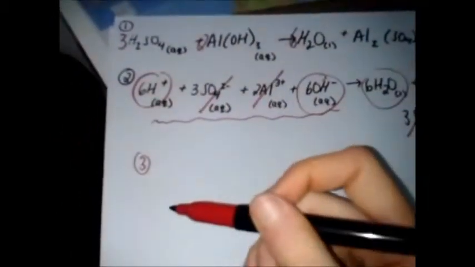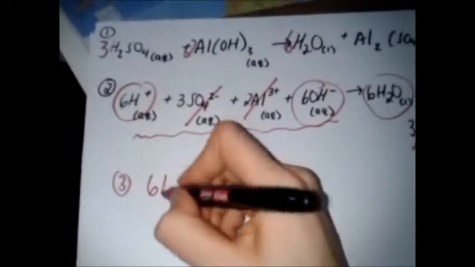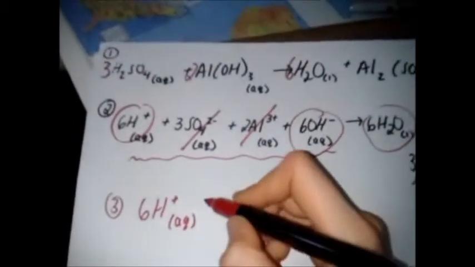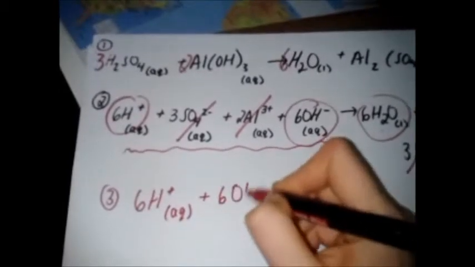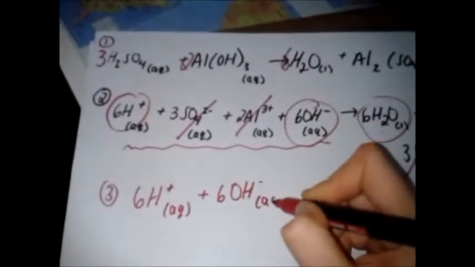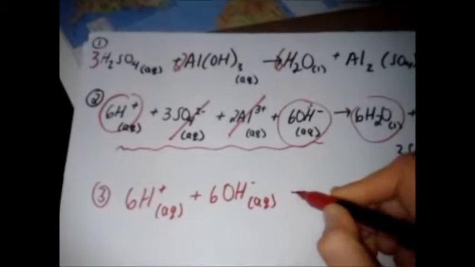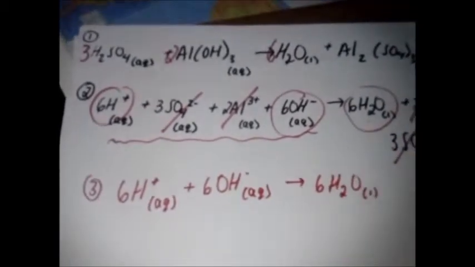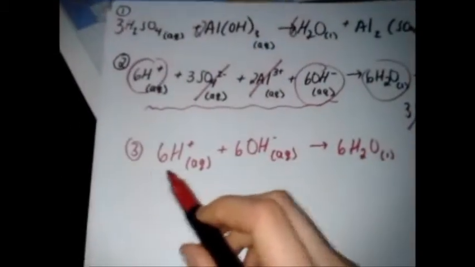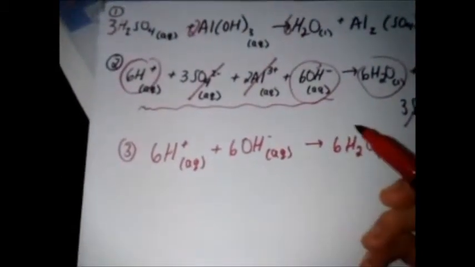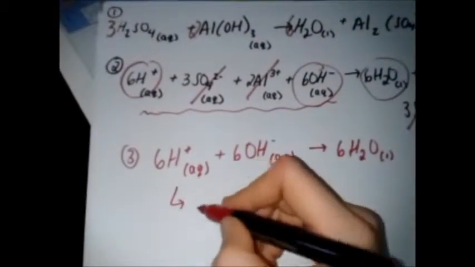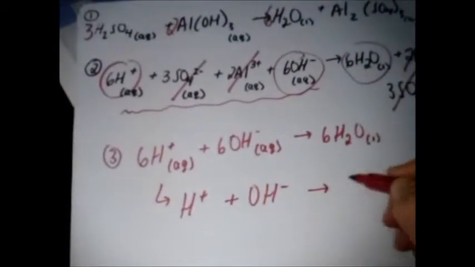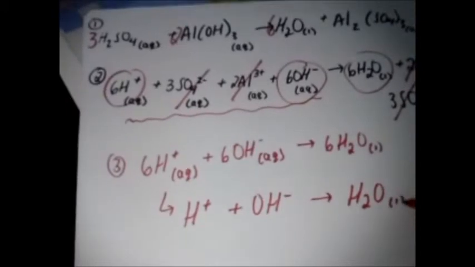We'll write this down, so you'll be getting 6 H plus plus 6 OH minus aqueous gives 6 H2O liquid. Notice how we can reduce this by dividing it all by 6, and we get H plus plus OH minus yields H2O.